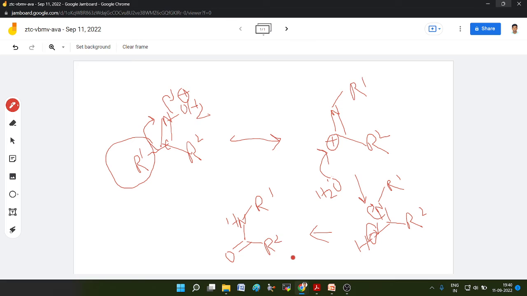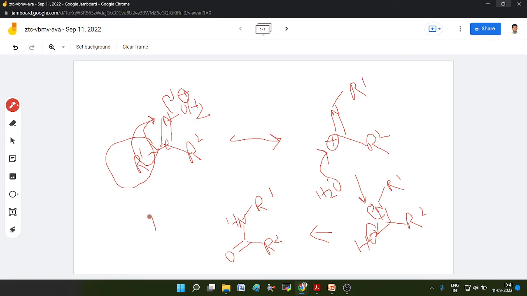Now here comes the question. I hope you understand the mechanism. Please see, it's a simplified version. The main point which is important to our discussion is that the R1 group is migrating here. What will happen actually, I am showing in a single step: R1 with its bonding electron pair going directly to this.